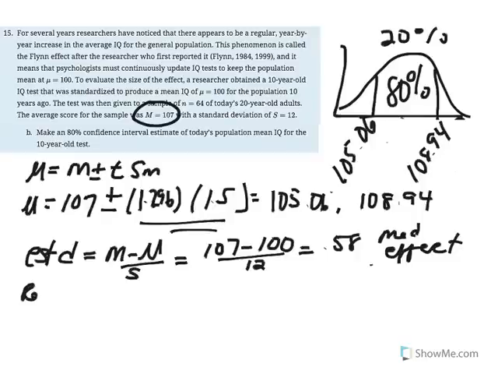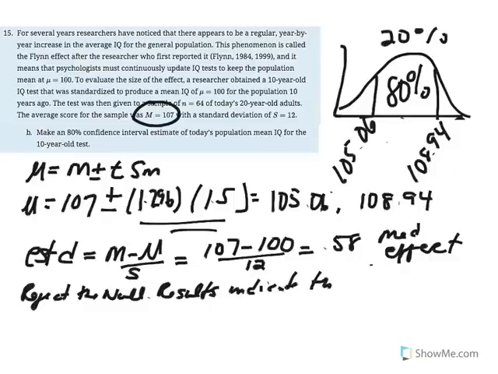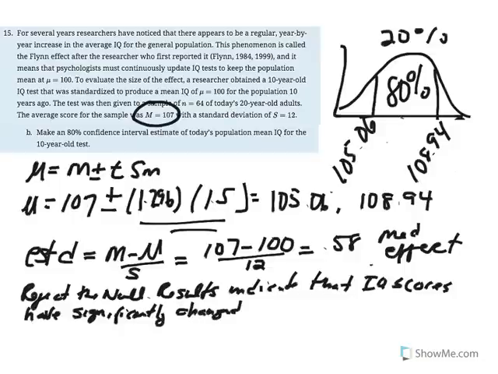So the results, so first we reject the null based on our t-value. The results indicate that IQ scores have significantly changed in the past 10 years.